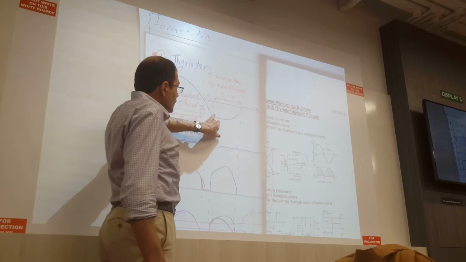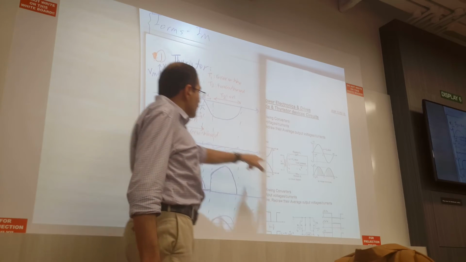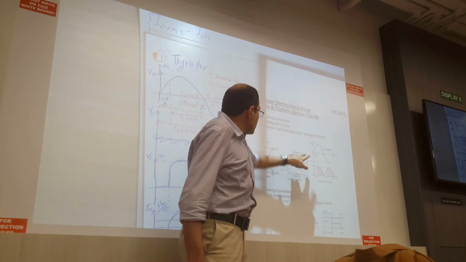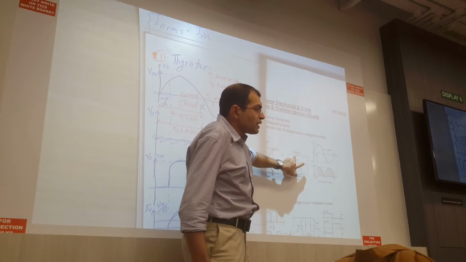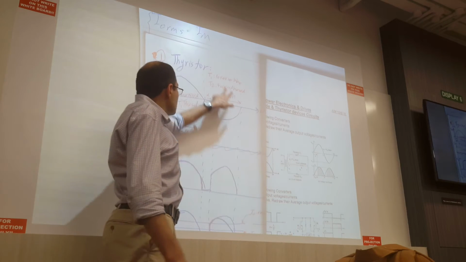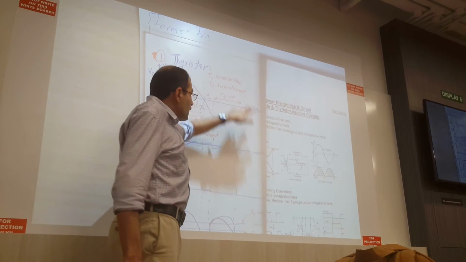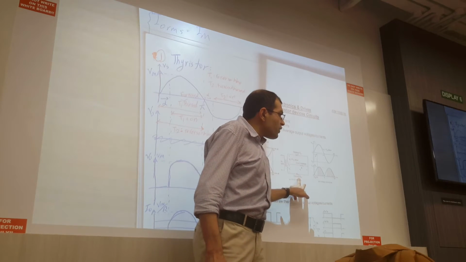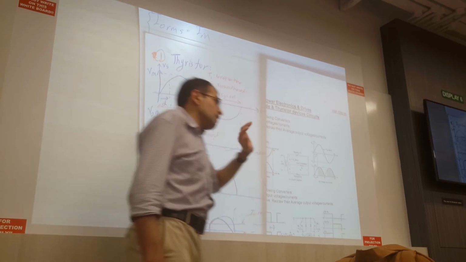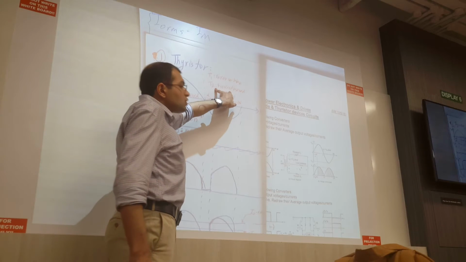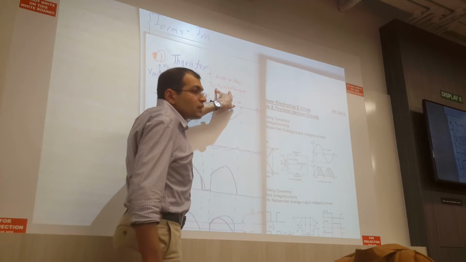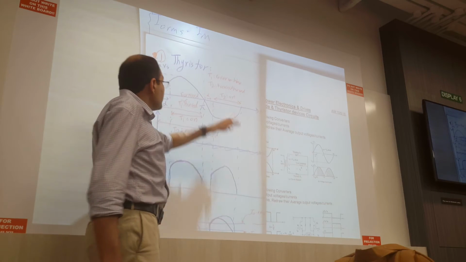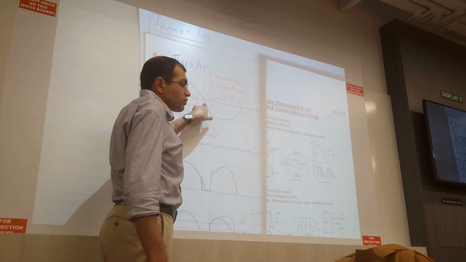At this moment, again the input voltage is negative. T1 is reverse biased, the same way as the diode, so it cannot become on. But T2 is forward biased, again the same method as the previous question. But T2 will become on at this moment, not from this moment.